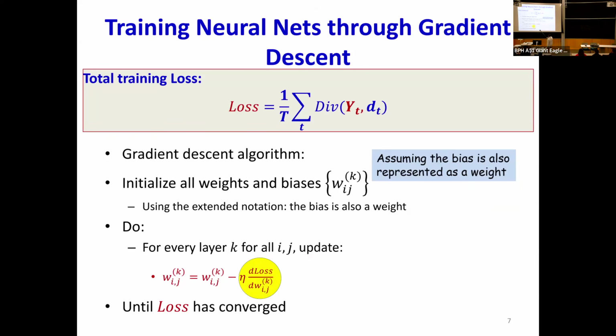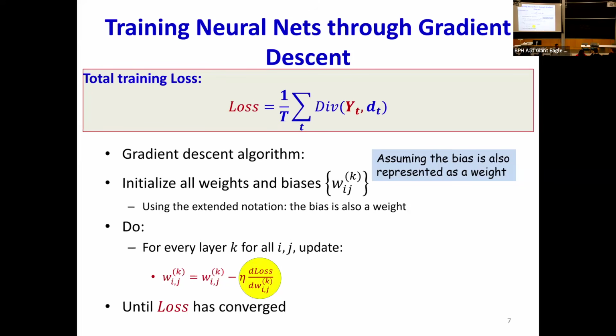What does this term, d loss over dw, mean? What does it tell you? Yeah, the direction of maximum ascent. So basically, d loss over dw tells you how much the loss will change if you perturb w a little bit.